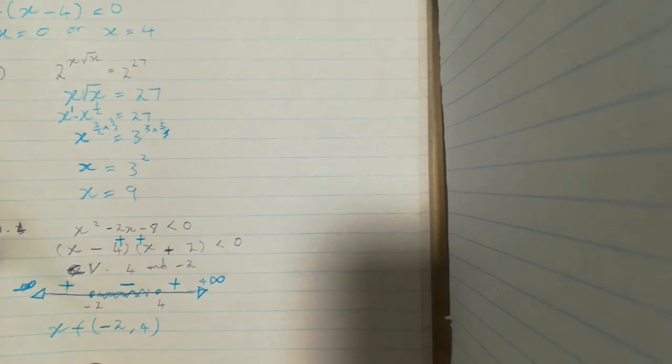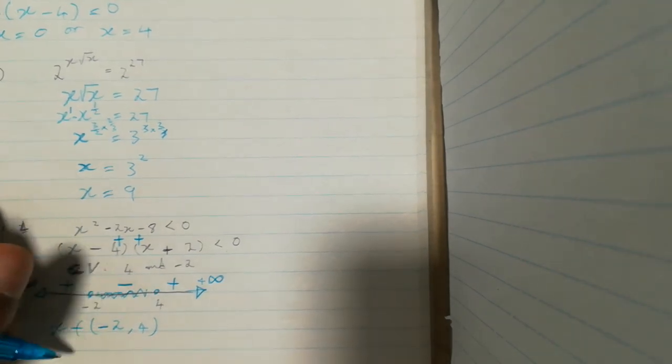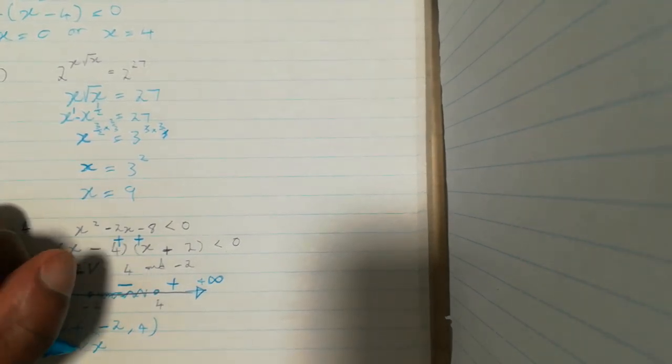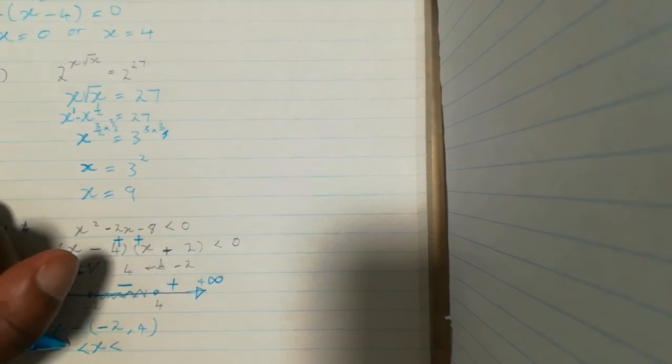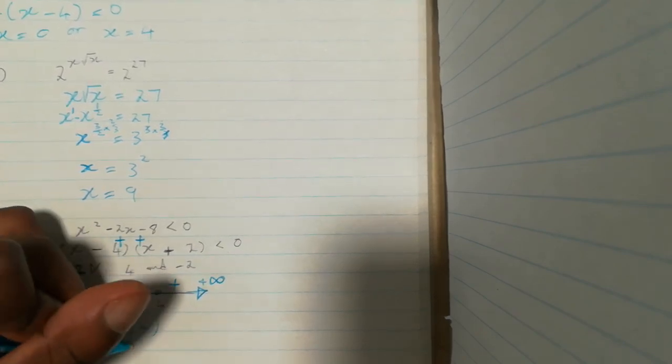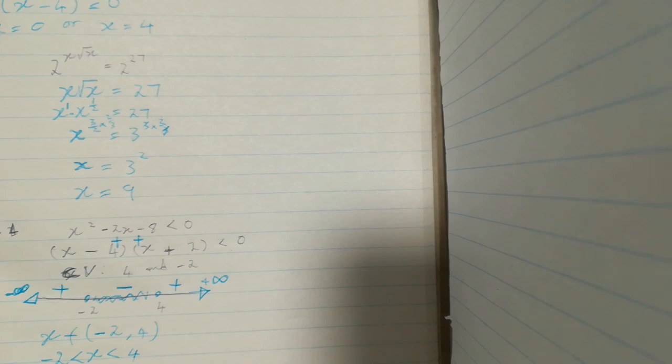Another notation that you can use is to say that x is between minus 2 and 4. And that is how you solve an inequality. When you are given a question of an inequality, this is how you're going to approach it.